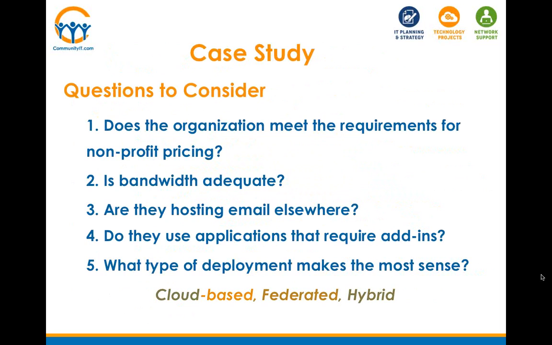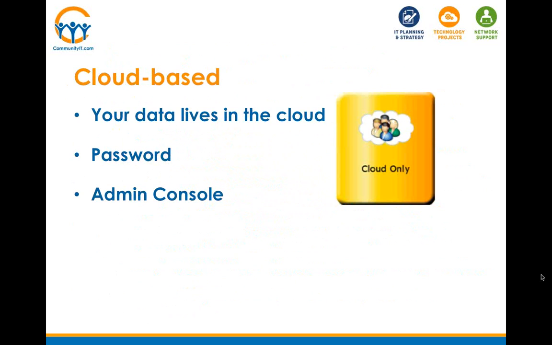Cloud-based, federated, or hybrid? We haven't talked about the different deployments and migration types, so I'm going to quickly run through those. When I say cloud-based, that means that everything is in the cloud. If we're talking about email, all your email data moves to the cloud, and there's no more email in-house. Anytime you access email, it's going to Office 365 servers.